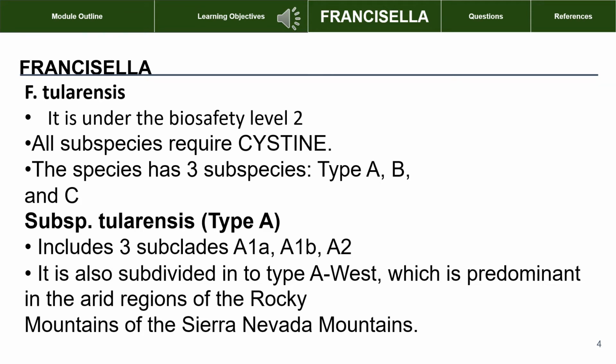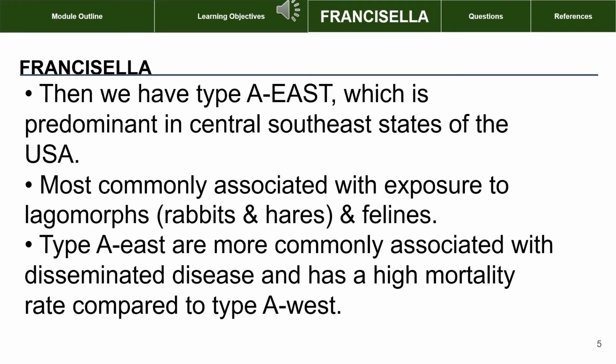Again, this is your type A, type B, and type C. So subspecies tularensis type A includes three subclades: A1a, A1b, and A2. It is also subdivided into type A West, which is predominant in the arid regions of the Rocky Mountains and the Sierra Nevada mountains. Next, we have type A East, which is predominant in the central southeast states of the USA.